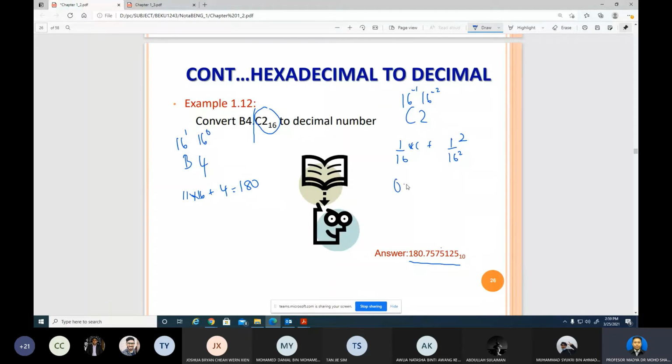This one will be 0.75, plus 1 divided by 256, multiplied by 2. All right, so the answer will be 7 8 125, multiplied by power of negative 3. So just plus, so the answer will be 7 5 7 8 1 2 5.